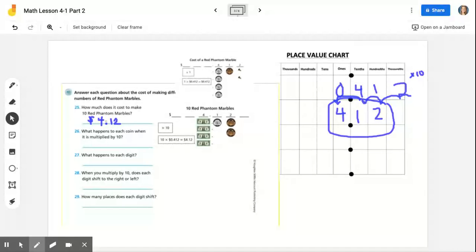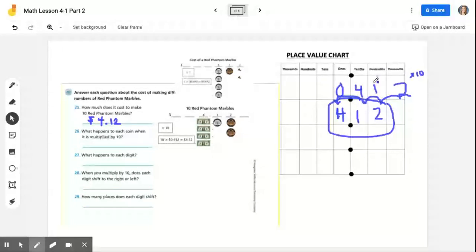All right, number 26, it says, what happens to each coin when it is multiplied by 10? Well, for example, in the tenths spot, we would have 10 dimes multiplied by 10 would give us 40 dimes, and we can exchange 40 dimes for 4 $1 bills. Same thing with the hundredths.